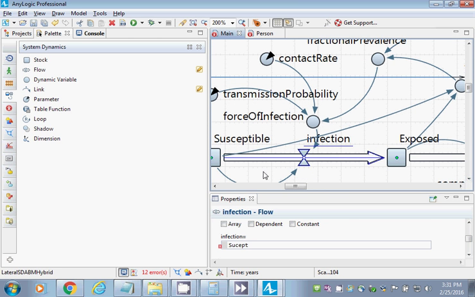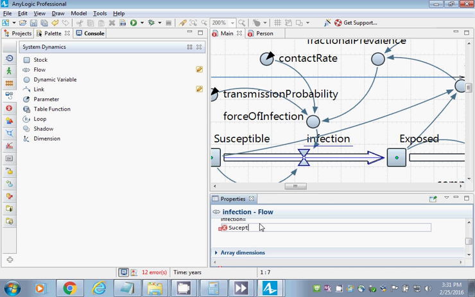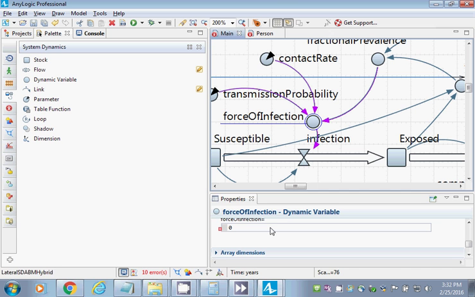Okay. Now let's go to force of infection. This is probably the most critical and subtle formula of the whole thing. It's contact rate. Suppose I have contact with 100 people per month, of anyone, and of those people, suppose the fractional prevalence is 50% infected. So on average, I have contact with 100 times 0.5, or 50 infected people per month.